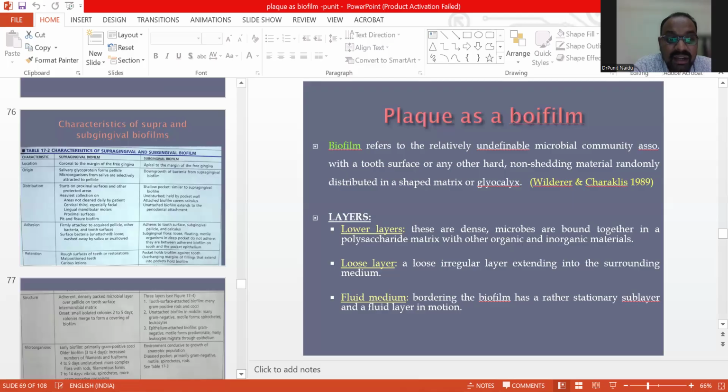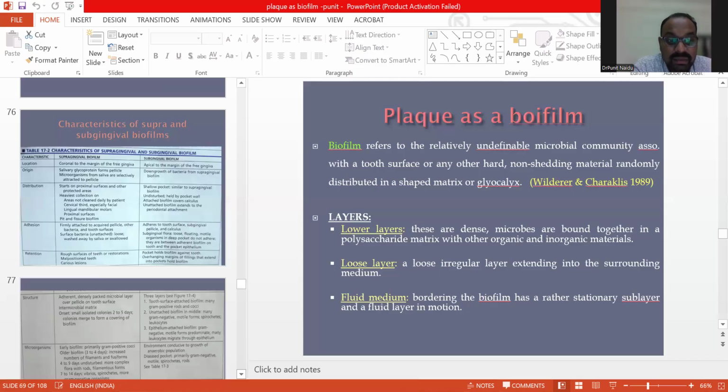It is directly attached to the tooth surface, and the subgingival biofilm and the calculus. These are loose floating motile organisms in deep pockets, which do not directly adhere to the biofilm and to the tooth surface and pocket epithelium. The retention of subgingival biofilm is pocket holding biofilm against the tooth, and the overhanging restorations extending into the pockets.